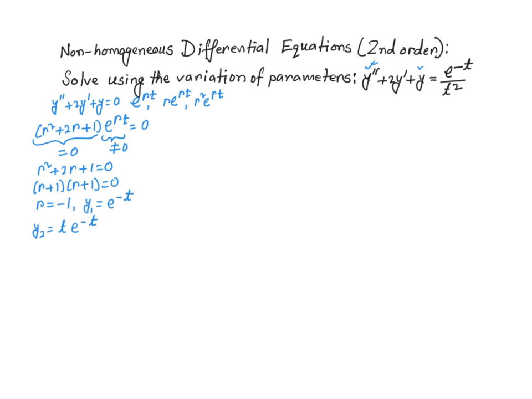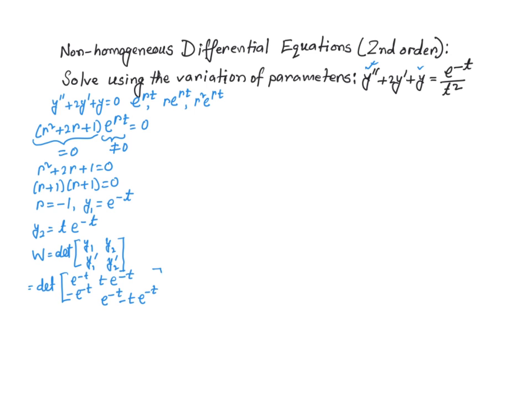Now we are going to use these y1 and y2 values to find the Wronskian. And the Wronskian is going to be the determinant of y1, y2, y1 prime, y2 prime. So that's going to give me the determinant where y1 is e to the power negative t and y1 prime is going to be negative e to the power negative t. y2 is going to be t e to the power negative t and y2 prime is going to be e to the power negative t minus t times e to the power negative t.